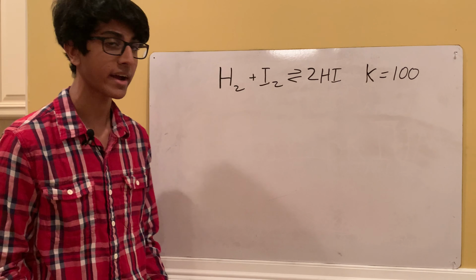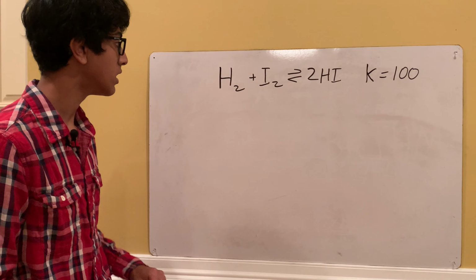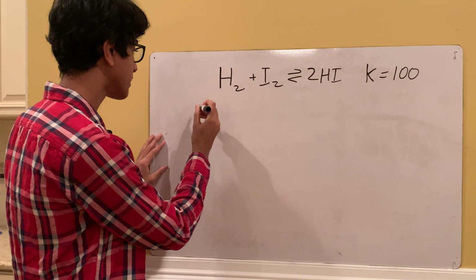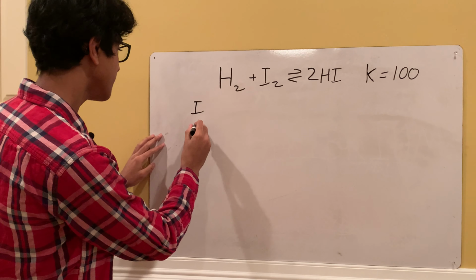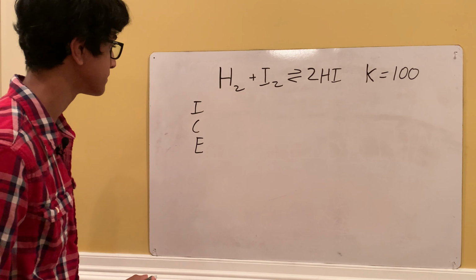And the way that we're going to be finding that is by setting up an ICE table. And let's start off by setting up our ICE table. So the I stands for initial concentration, and then the C stands for change, and then the E stands for equilibrium.